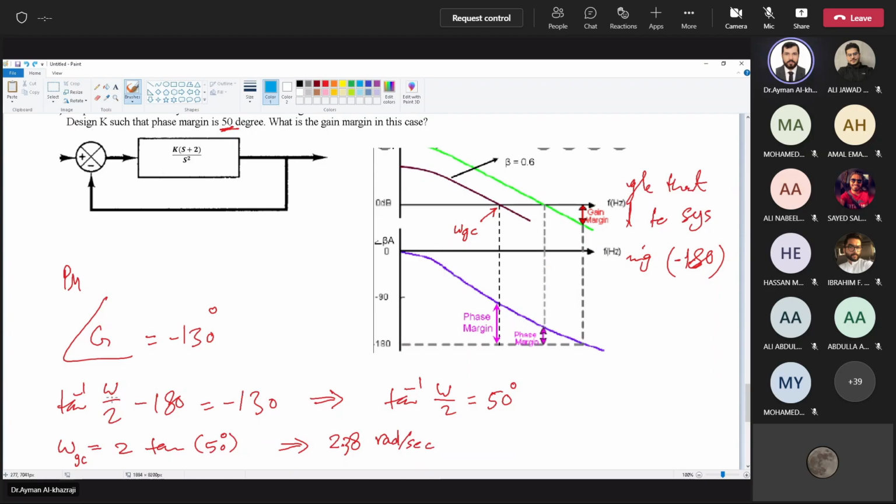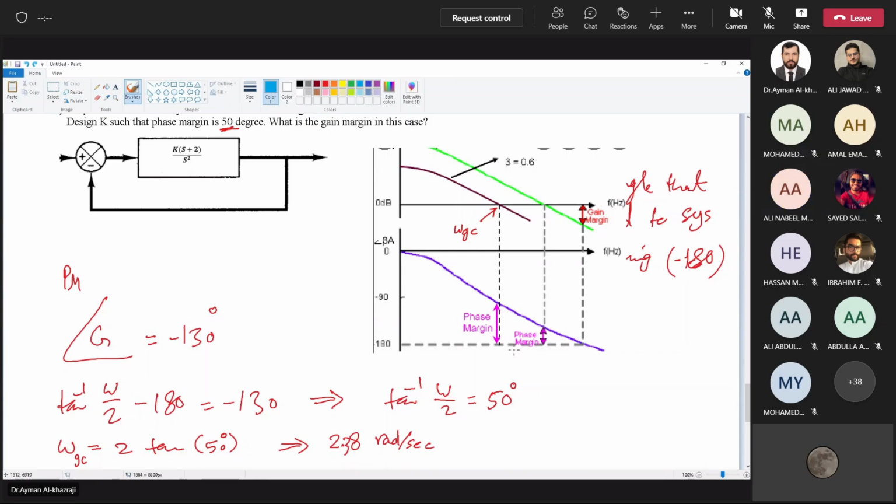When you find omega, you say this omega is the gain crossover frequency, because we find the phase margin at the gain crossover frequency. It is useful because the magnitude for this omega equals 1. So I will put it in the magnitude equation and then I will find K. Is this clear? We don't have a lot of options.